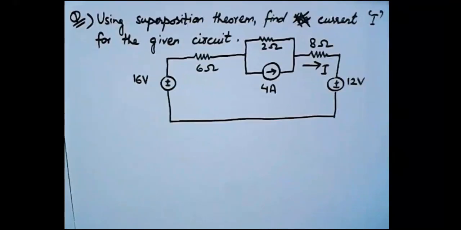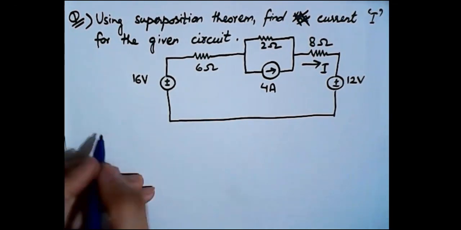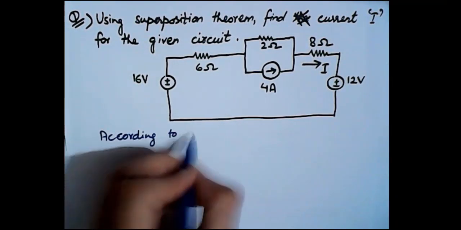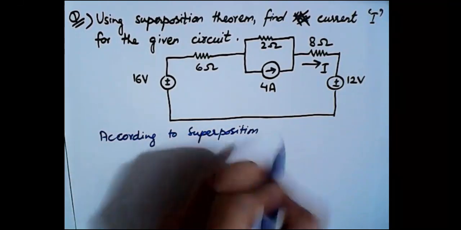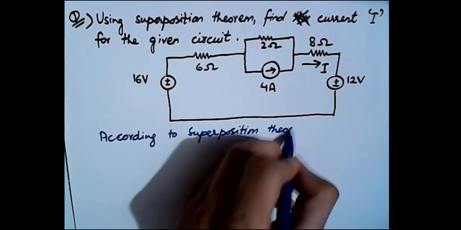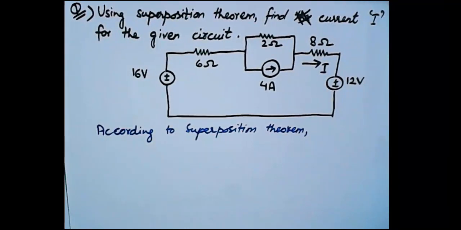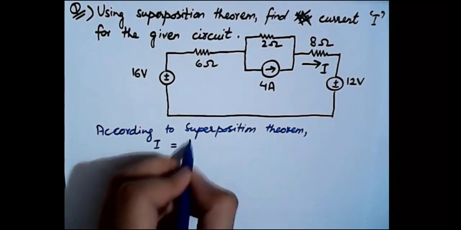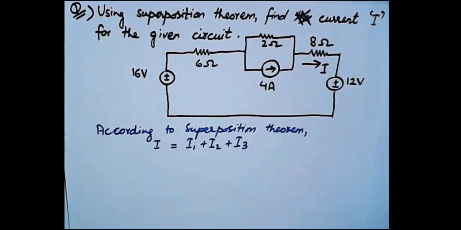So let's start. First of all, since we are bound to solve this question using superposition theorem, let's write according to superposition theorem. According to superposition theorem, the current I is equal to the sum of I1 plus I2 plus I3, right?